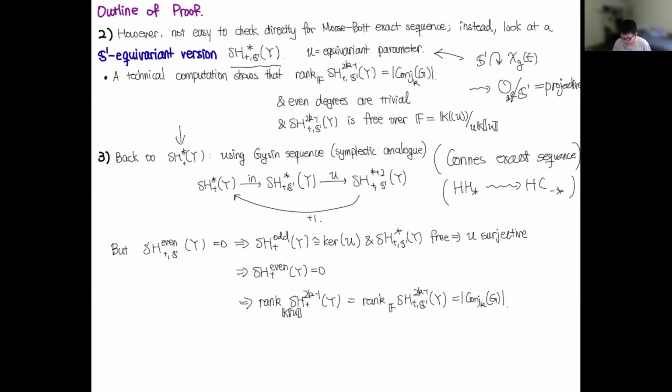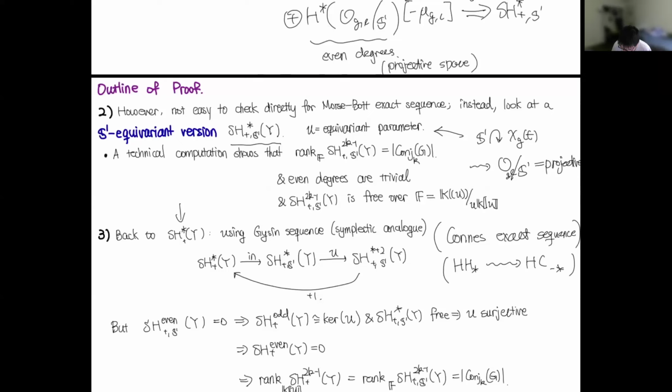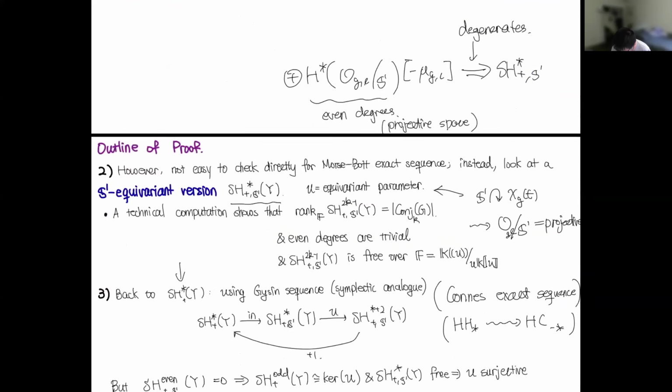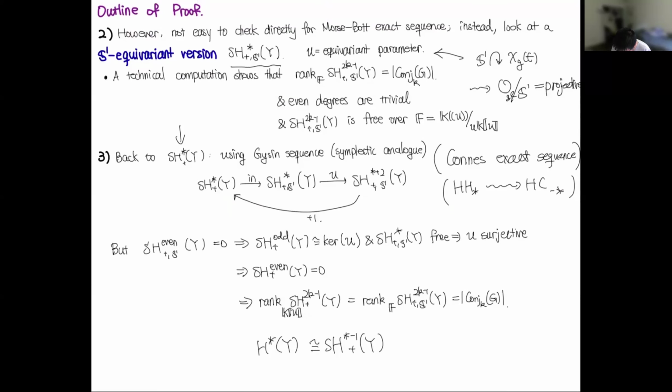So odd cohomology corresponds to even cohomology of Y, which means this one is isomorphic to SH^(*-1), maybe plus 1, minus 1, of Y, and the rank equals the rank, and this one is known to be the conjugacy classes, which concludes the proof.